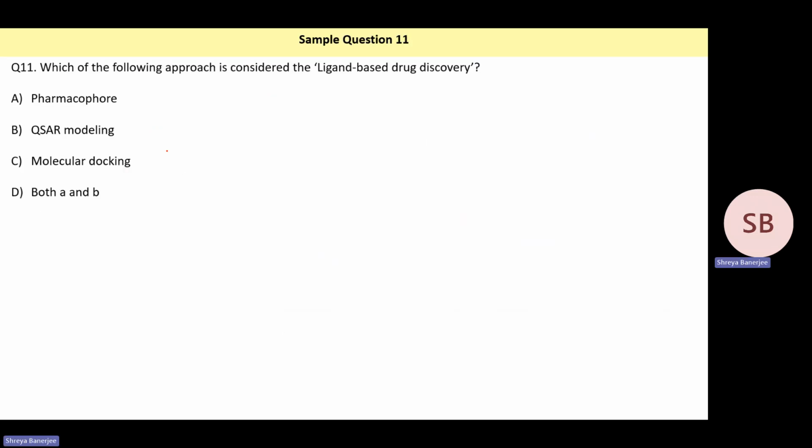The next question is asking which of the following approach is considered ligand based drug discovery.